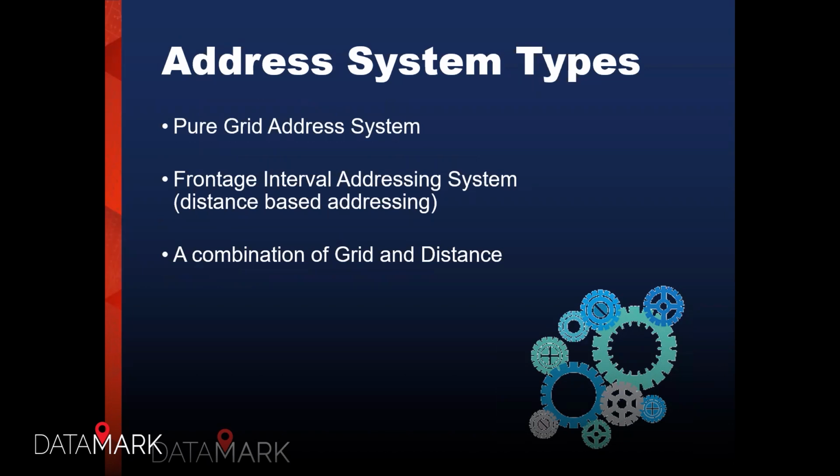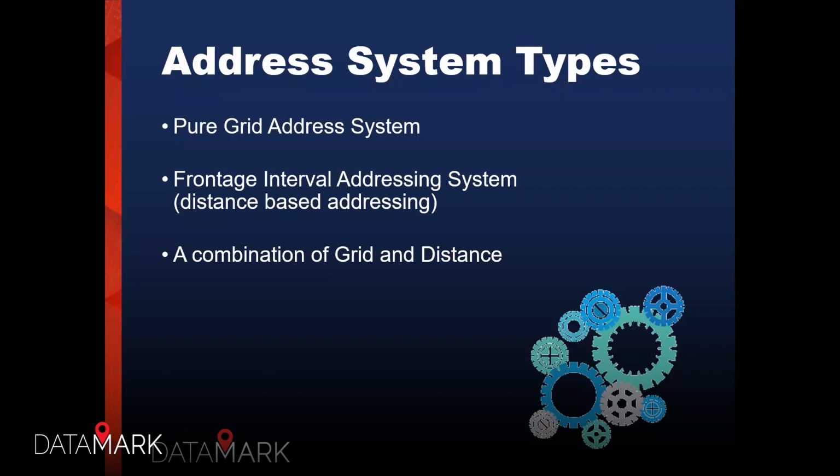In a lot of localities that are more urban, it makes sense to use a grid-based addressing system where you have blocks that are closely located together. But in a more rural situation, it might make sense to use distance-based addressing. But for some communities where you have a good mix of urban and rural, it might make sense to use a combination of both of those.